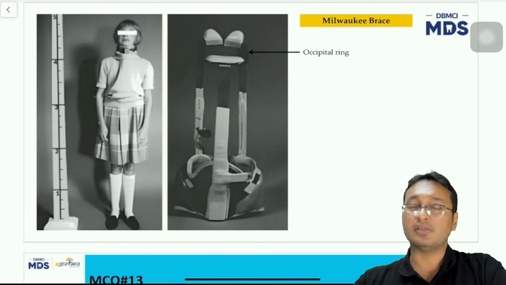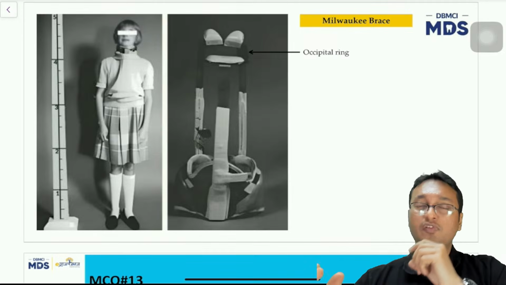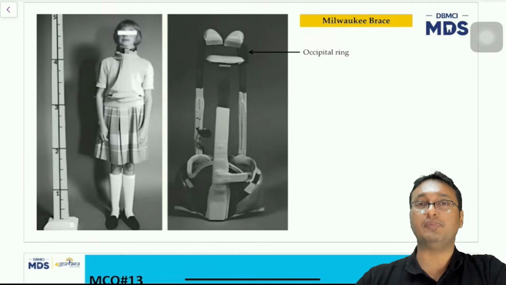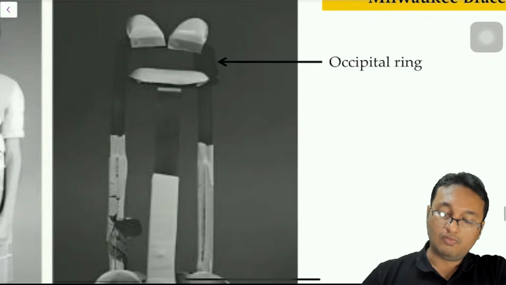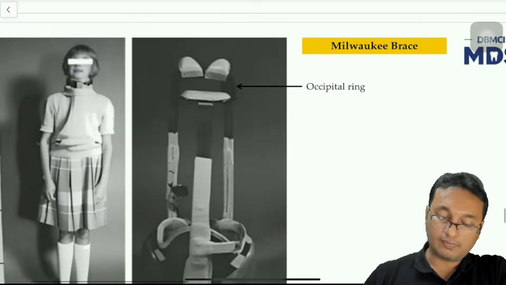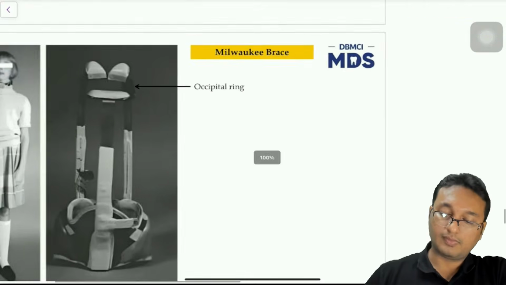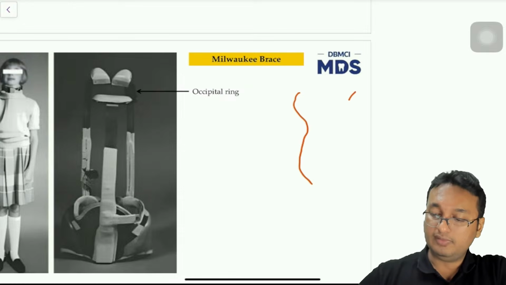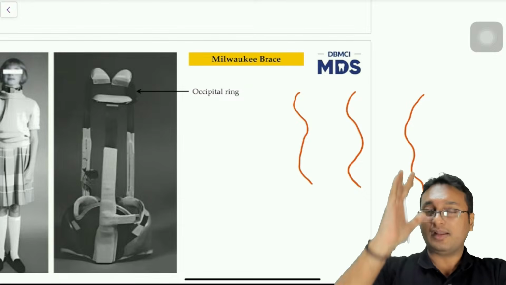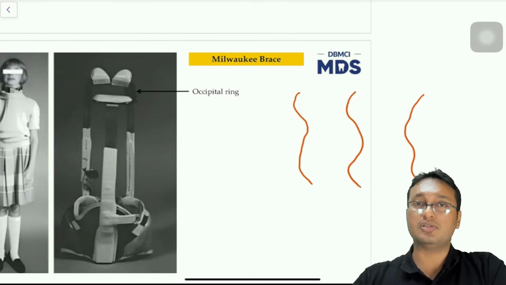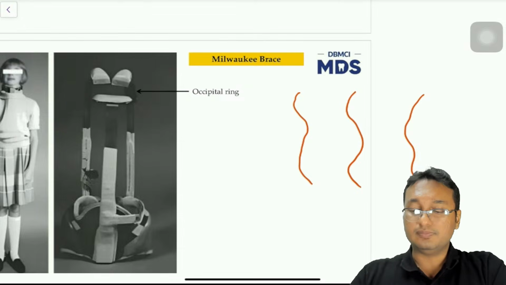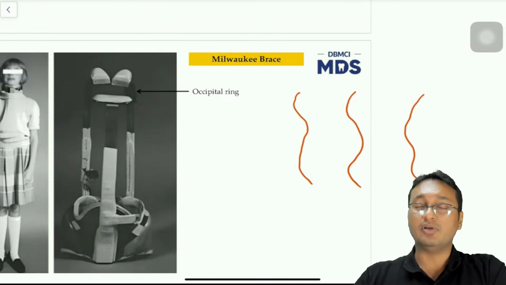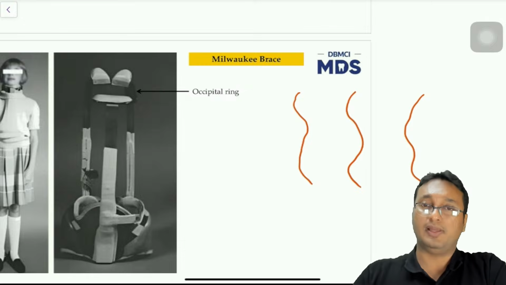Over time, the researchers have found quite a lot of adverse side effects because of prolonged use of Milwaukee brace. What exactly did it used to do? It's an orthopedic appliance basically used to correct the scoliosis, kyphosis, and lordosis of the spine. Basically, to correct the curvature posture of the patient, the orthopedicians made the patients wear this particular appliance.